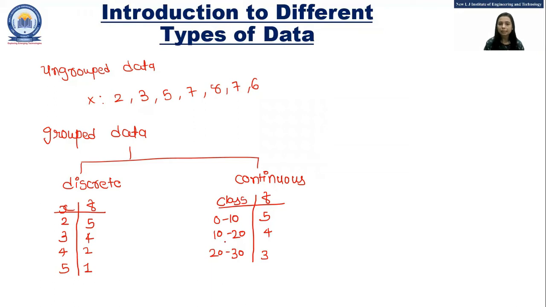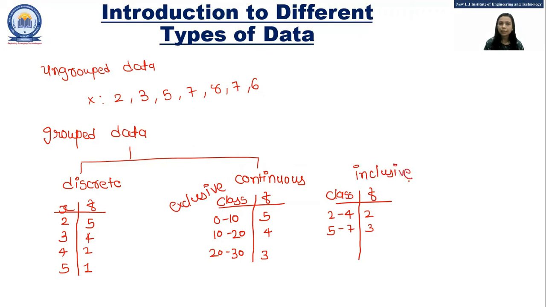This is an example of the exclusive series, because whatever the first class interval ends with, 10, the second class interval starts with 10. For an example of the inclusive series, you can consider classes like 2 to 4, then 5 to 7, with frequencies f such as 3 for the respective class. So this is the exclusive series and this is the inclusive series.